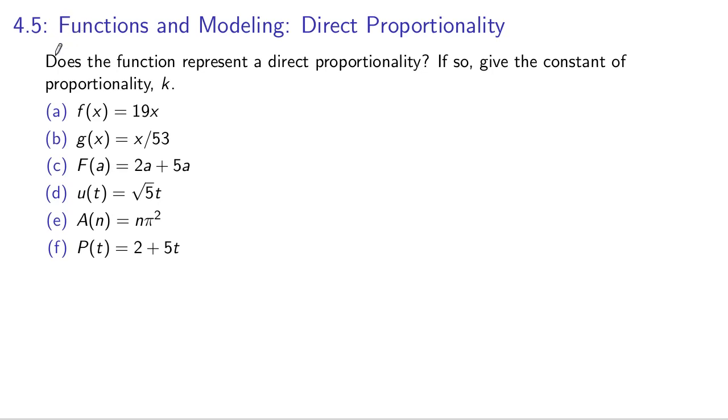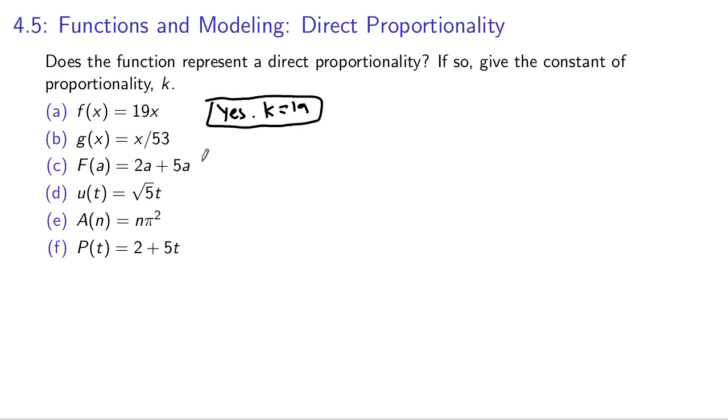So let's go over some examples of identifying direct proportionalities. This question says, does this function represent a direct proportionality? If so, give the constant k. So here it's pretty simple. We have a number times our input, so yes. And the constant k is 19.